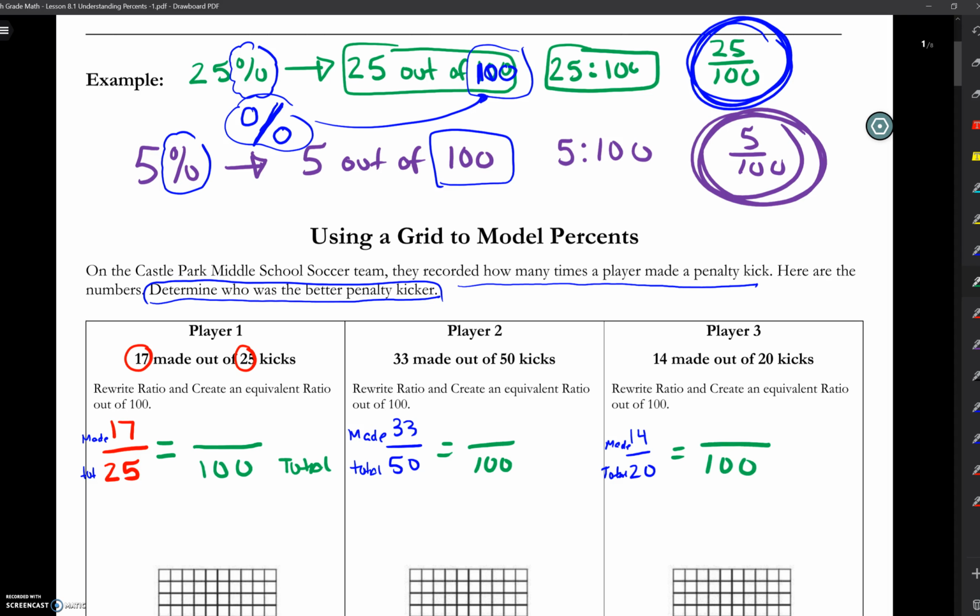Now, my answer is going to be a number, but then I can convert that into a percent. And so the easiest thing to do here is to go, how do I go from 25 to 100? Well, for that, I would multiply by 4, and 17 times 4 is 68. Now we're going to do something with that, and I'll show you what we're going to do with that in a minute.